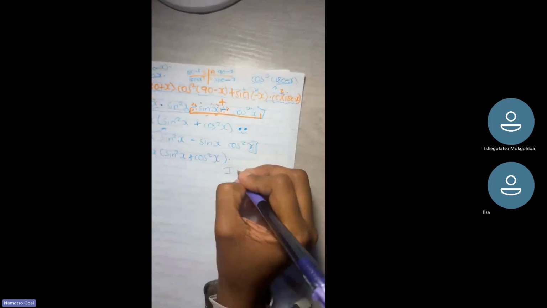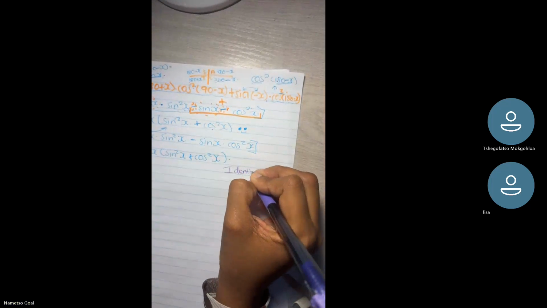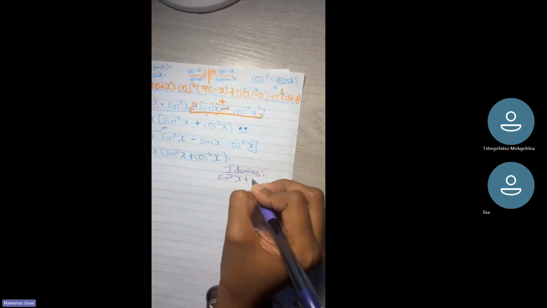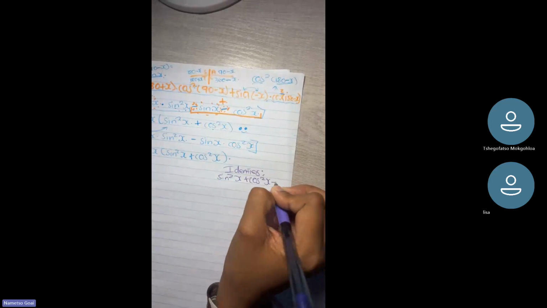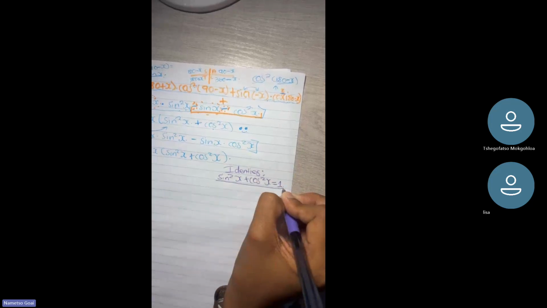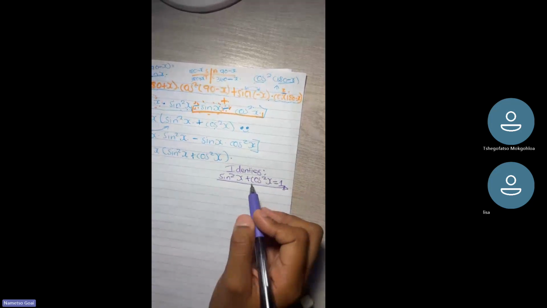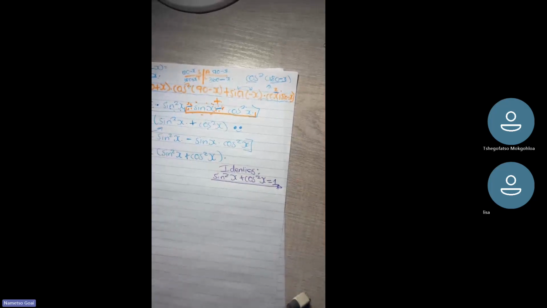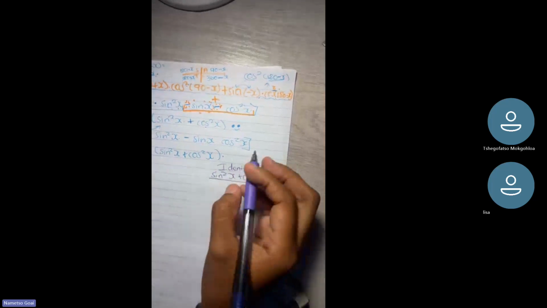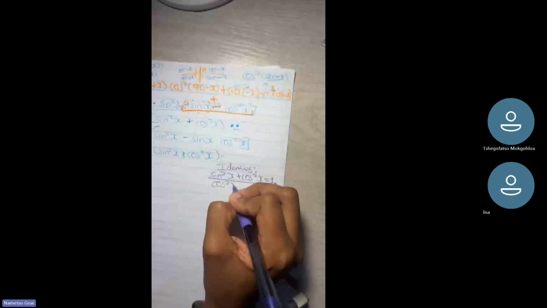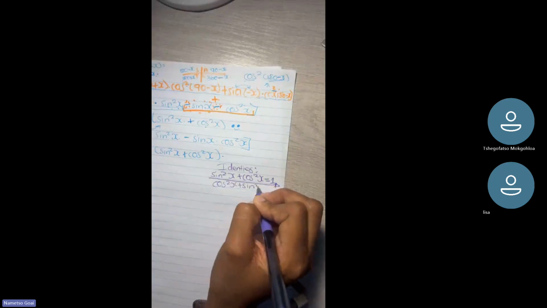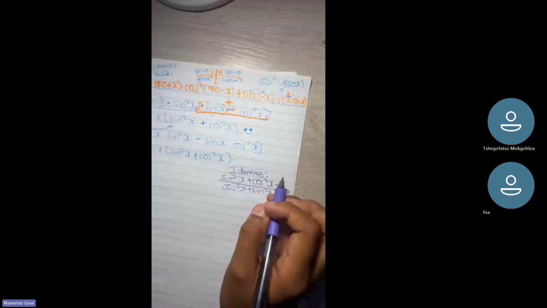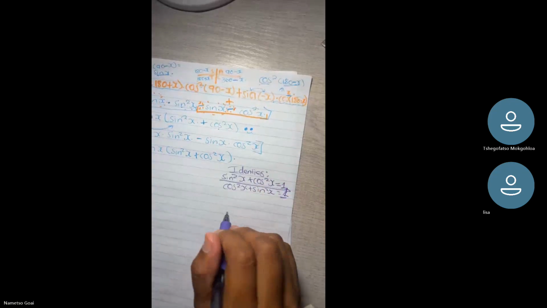Under identities, I said we have sine squared x plus cos squared x equals 1. This is an identity, and you should know it. Whenever you see sine squared x plus cos squared x, it will always be equal to 1. It could also be written as cos squared x plus sine squared x. The order doesn't matter, but it will always equal 1.